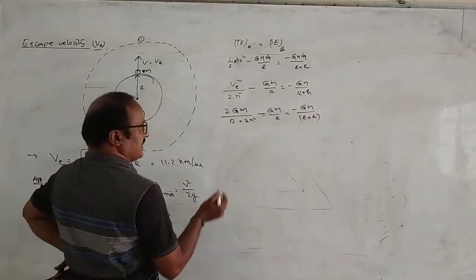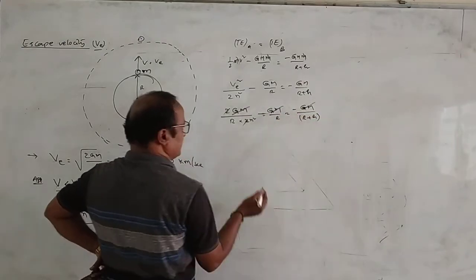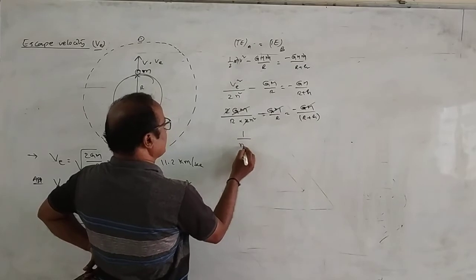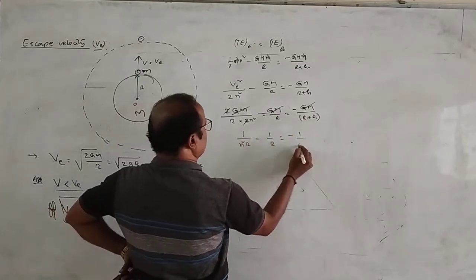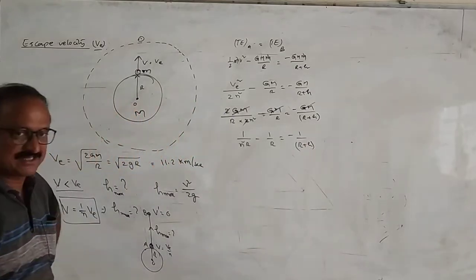Here 2 cancels, GM cancels, remaining 1 by n square into r minus 1 by r is equal to minus 1 by r plus h.